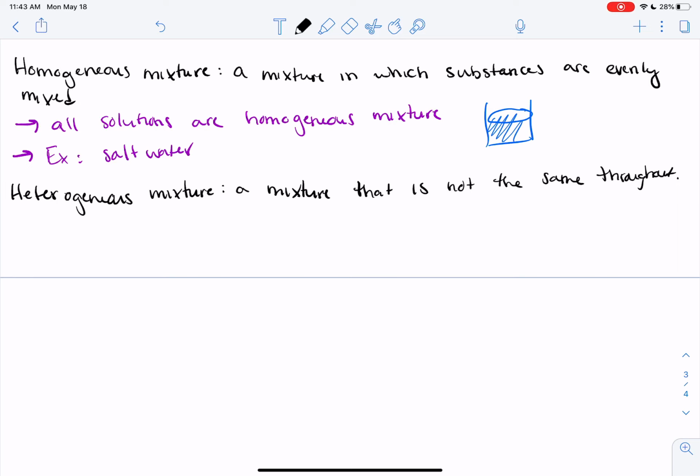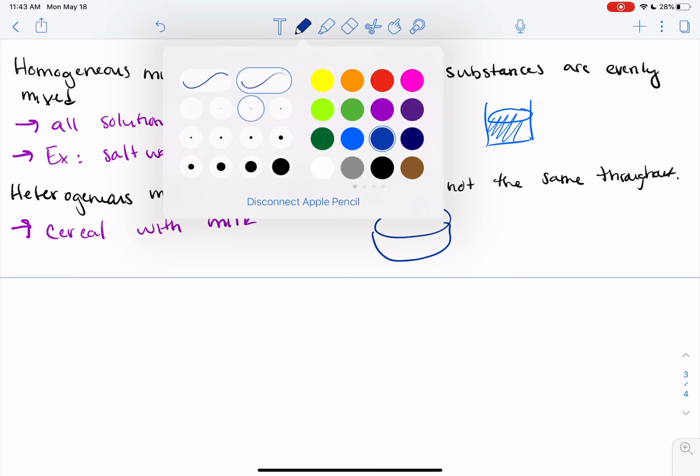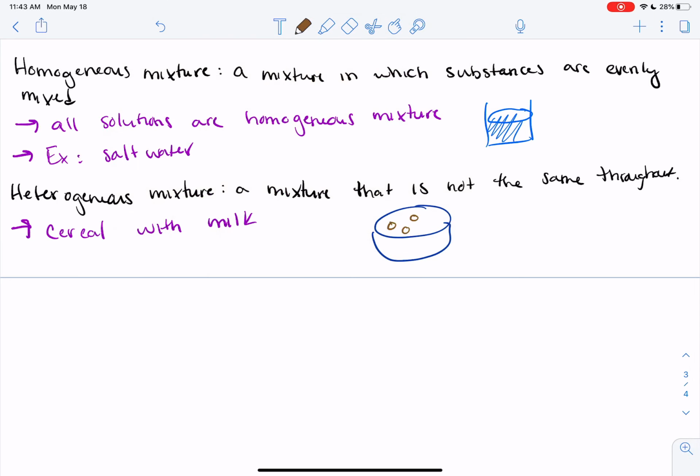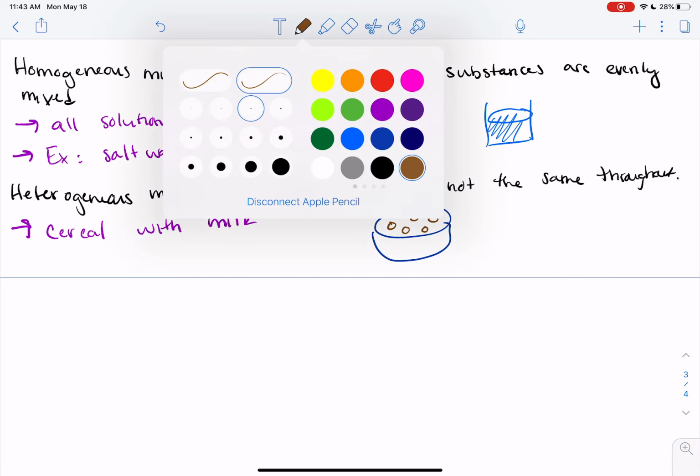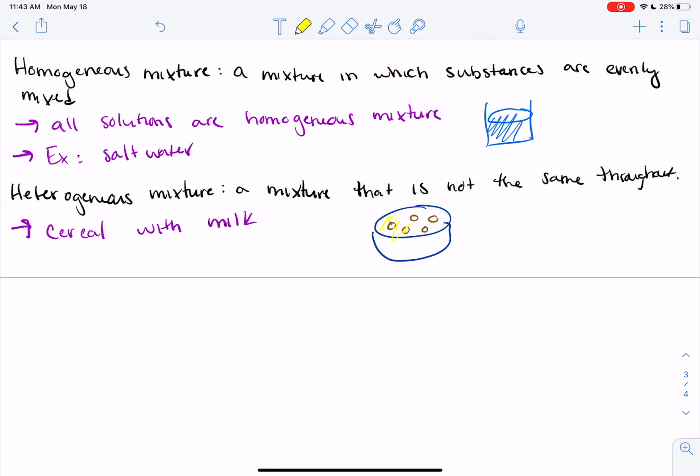Okay, so for example, if you have a bowl of cereal with milk in it, you're going to have your bowl, and it's going to have some cereal in it, and then it's going to have some milk around it, right? So clearly there are chunks of something different spread out in this. So this is a heterogeneous mixture, a mixture that's not the same throughout. It's not even throughout. You can tell your Cheerios are sticking out from your milk, okay? So we want to know the difference between a homogeneous and a heterogeneous mixture.